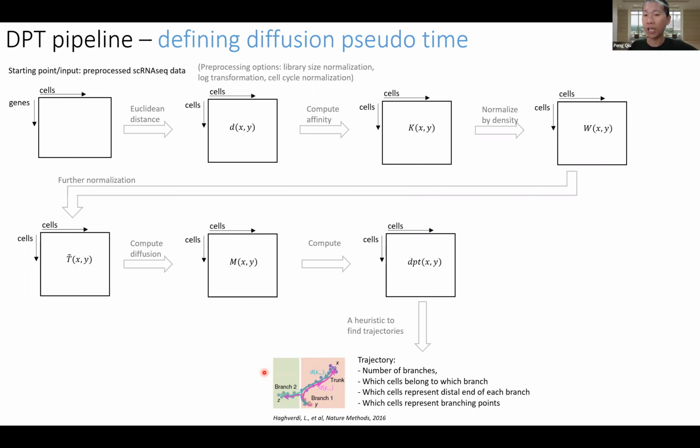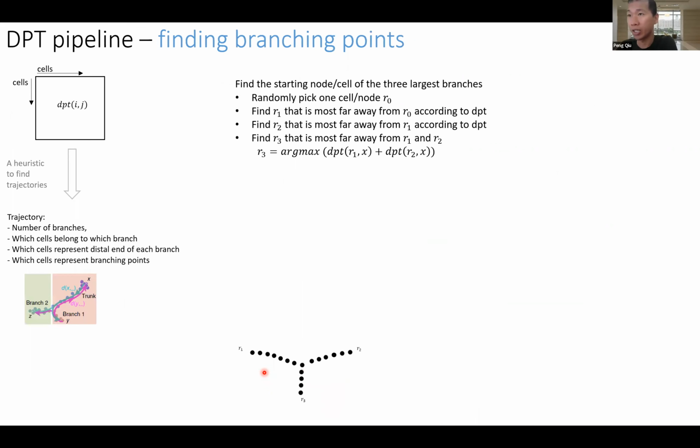Because at the end of the day, we want to extract a trajectory out of this data, and we want to know: is this trajectory just a linear line, or does it have any branching points? And also, how are cells ordered along this trajectory?